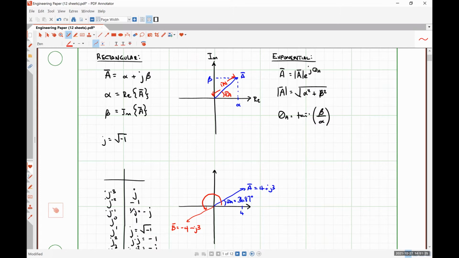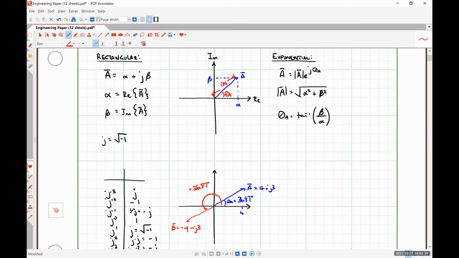If I take the inverse tangent, if you literally put in -4 for alpha and -3 for beta, what do you get? 36.87 degrees. Are these two angles the same?